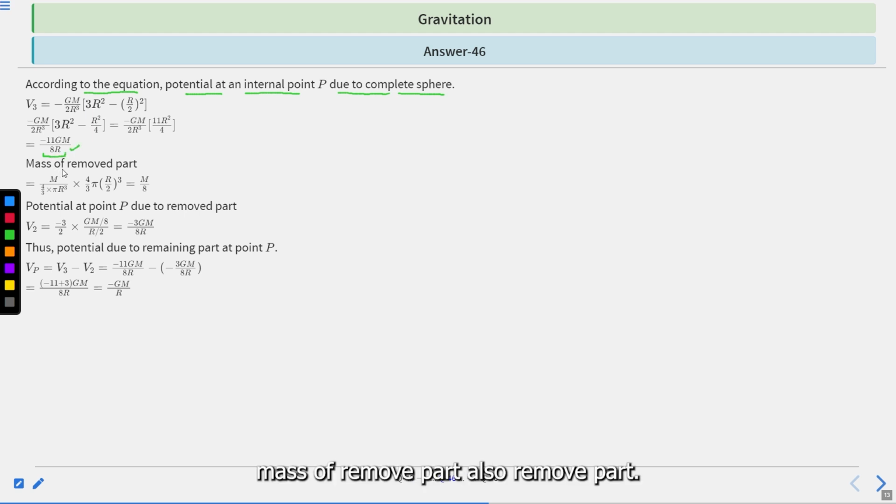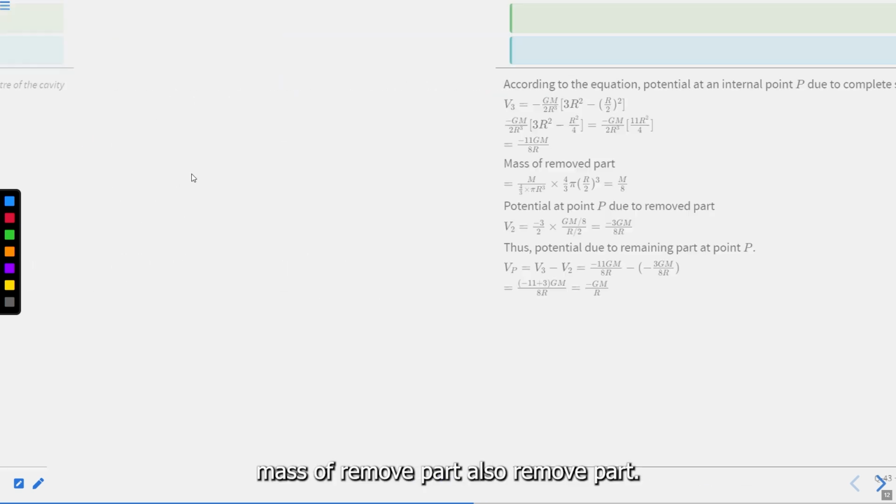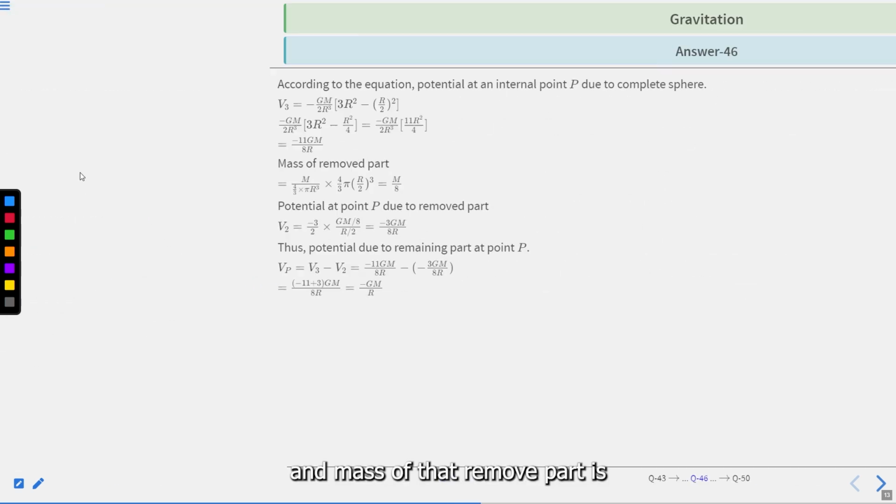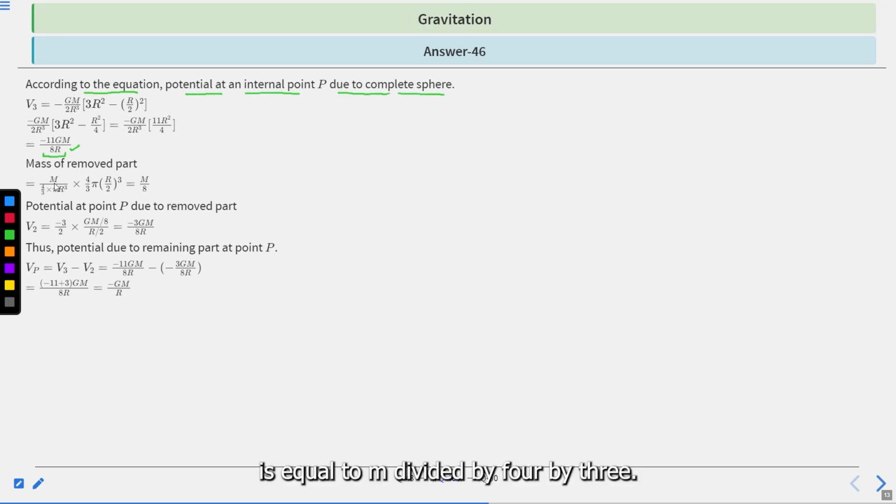And the mass of the removed part, suppose this is the removed part, is equal to M divided by 4/3 πr³ multiplied by 4/3 π(r/2) whole cube, which is equal to M by 8.